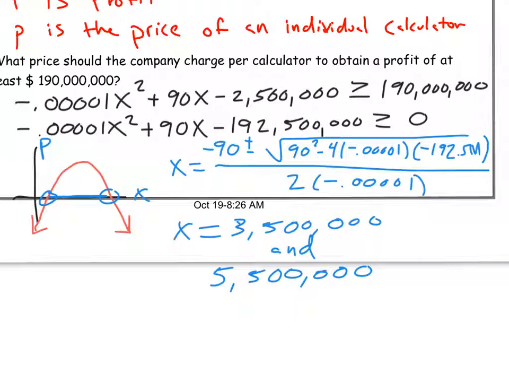Now we need to switch gears and go over to little p. Okay. And find some prices. But that's based off of how many calculators are produced. So the first thing I would do is take 3,500,000. Okay. If we were going to sell that many calculators, what kind of price should we ask?